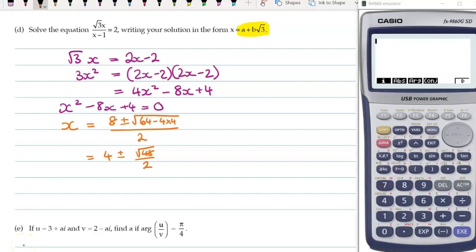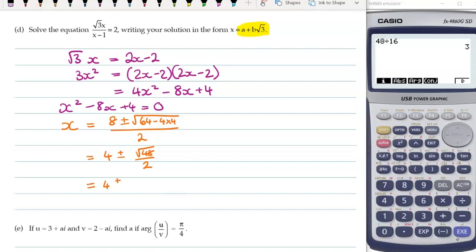Now, I'm trying to take out a factor of 48 that's a square number. I think 16, yes, 16 works. Try and take out the biggest one that you can. So we have 4 plus or minus. Let's just pop this over to one side. So the square root of 48 would be equal to the square root of 16 times 3. So the square root of 16 is 4, and then we leave that as root 3.